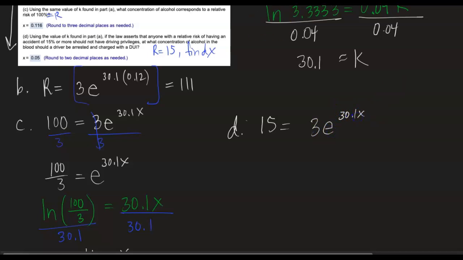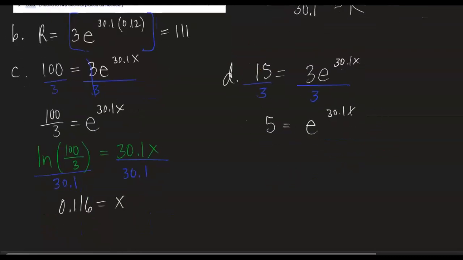And look at the parallels as we go through this. So I divide both sides by 3. And then I'm going to change this to its logarithmic form. I'll divide both sides by 30.1.